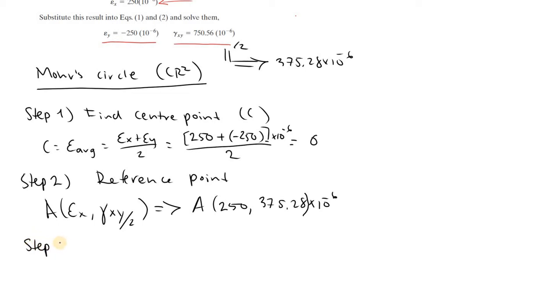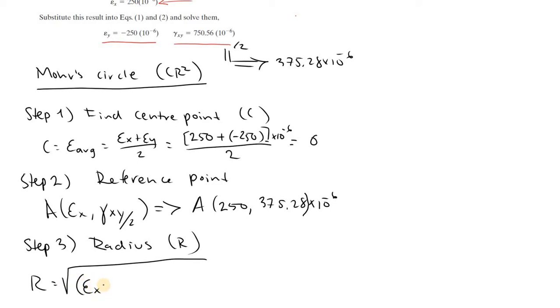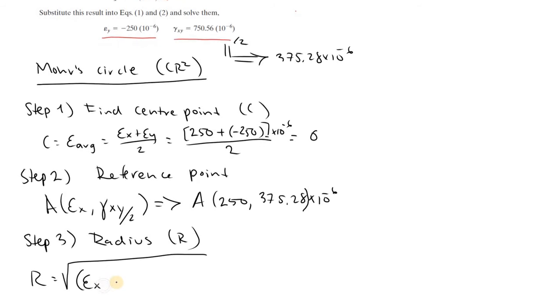Step 3, our last R refers to the radius. Again, our radius is simply the square root of our normal strain X minus our average strain squared, plus our shear strain squared.